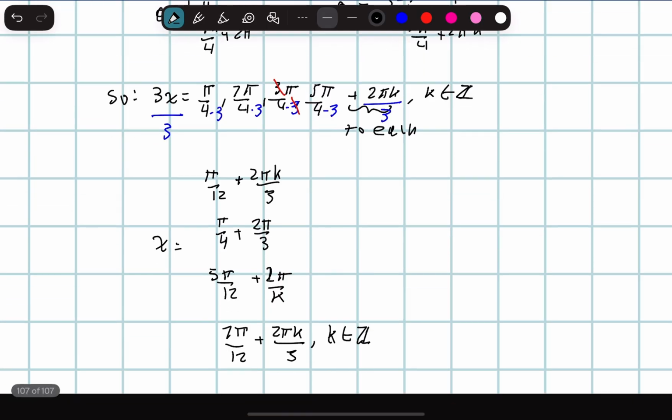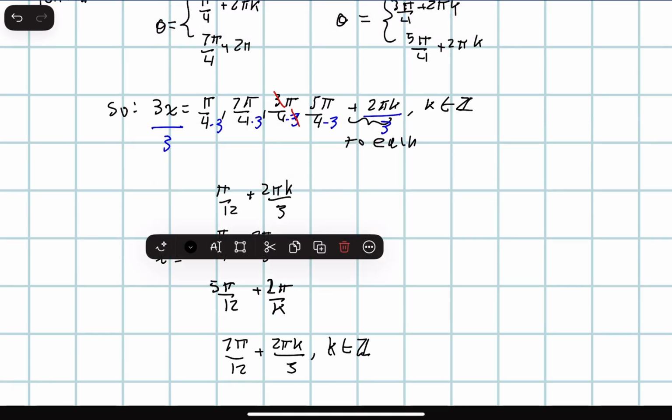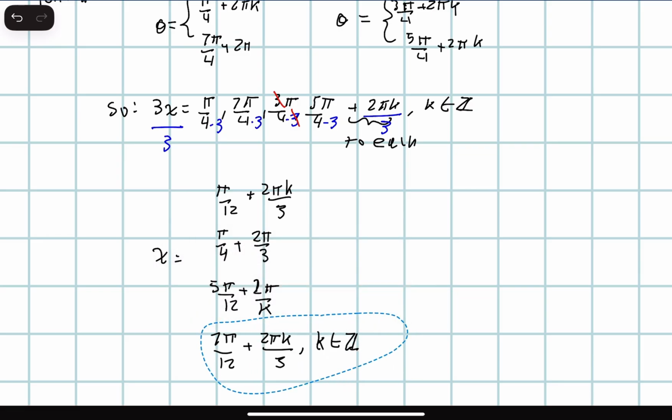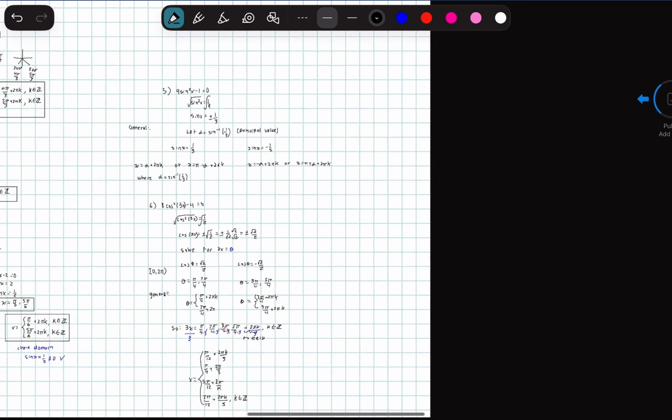Just so you know, I was almost confused on that part too, but it canceled out. So this is going to be x. Now, two more problems, guys.